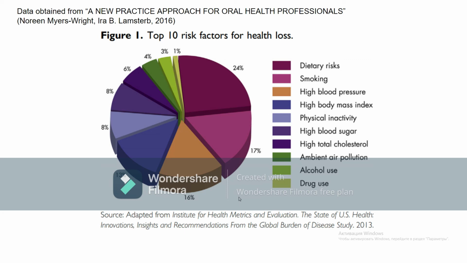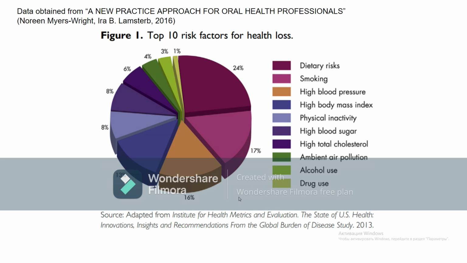And high blood pressure and high body mass index, sometimes it's a genetic predisposition that we have a high body mass or high blood pressure, but applying physical activity with particular instruction, we can significantly improve our situation. The same with blood sugar and cholesterol level.